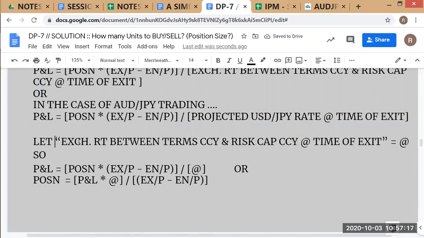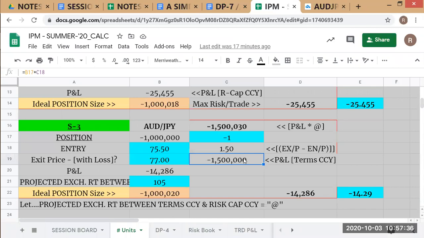So instead of writing this entire thing every time, let's denote it by the sign @. When I write @, we are talking about the exchange rate between the terms currency and the risk capital currency at the time of exit. Terms currency is yen, risk capital currency is US dollars. So when you're trading Aussie yen, you have to divide by the dollar yen exchange rate. Something new comes in.